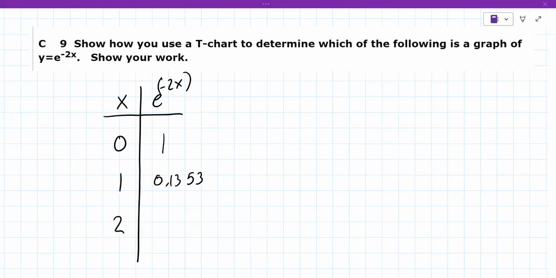That's fine, however many decimal places is fine. Now do it for 2. 0.018. Okay. All right. So now I snip in some graphs and you decide which one has those same numbers on there.